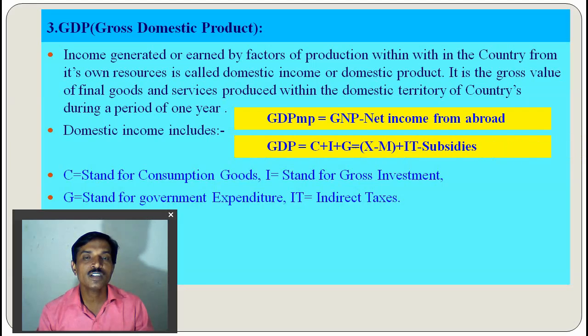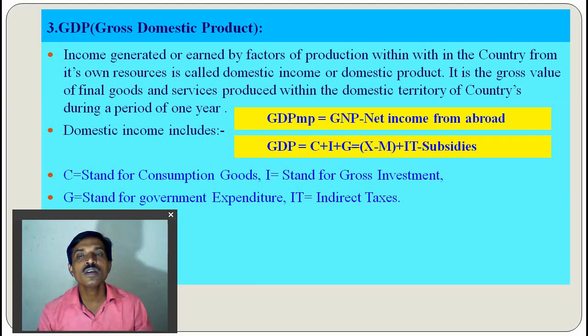So GDP is equal to C plus I plus G plus X minus M plus indirect taxes minus subsidy. C stands for consumption goods, I stands for gross investment, G for government expenditure, and IT means indirect taxes. So whenever we count the GDP, we include C plus I plus G plus X minus M plus indirect taxes minus subsidy.